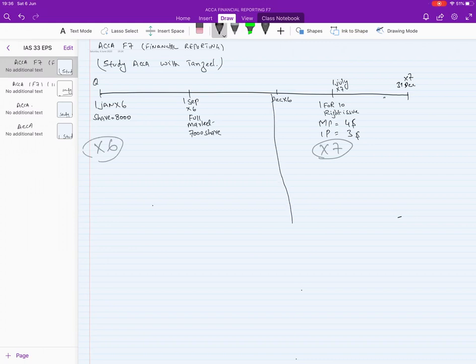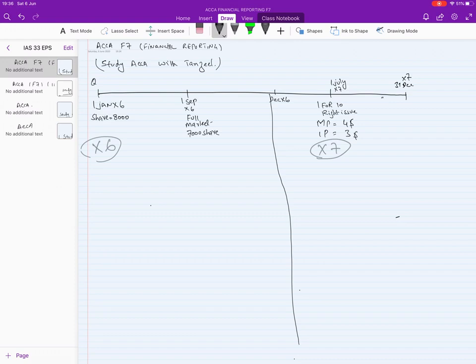I'm going to draw a line. Okay, let's start. In X6, the company was having 8,000 shares. In this financial year, 2000 X6, do we have any right issue or bonus issue?